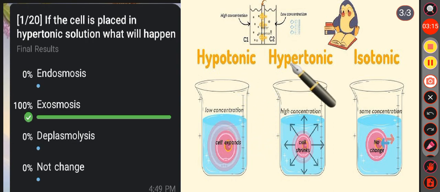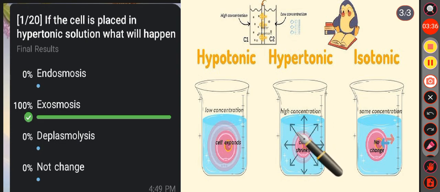The next one is hypertonic. It is just the opposite of the hypotonic solution. It means the cell contains more solvent and less solute than the solution outside of the cell. So here water comes out from the cell. Why?